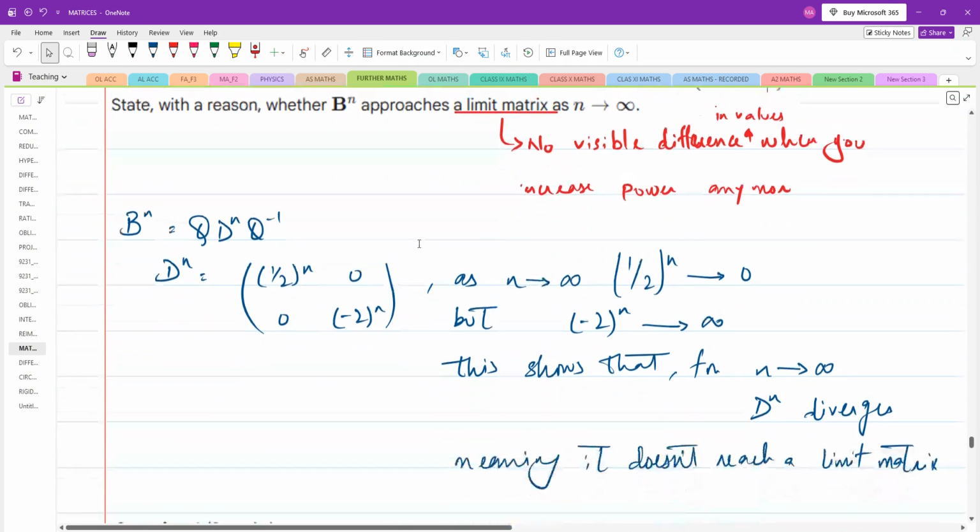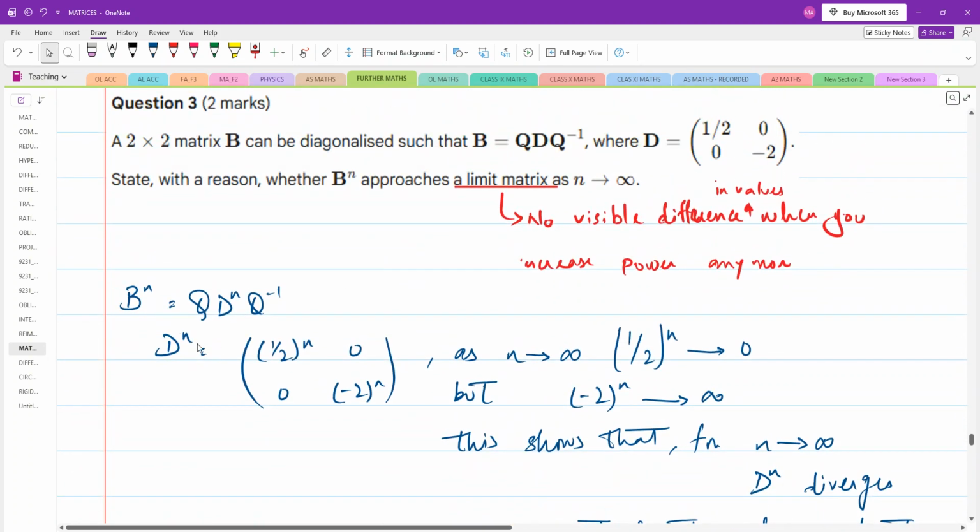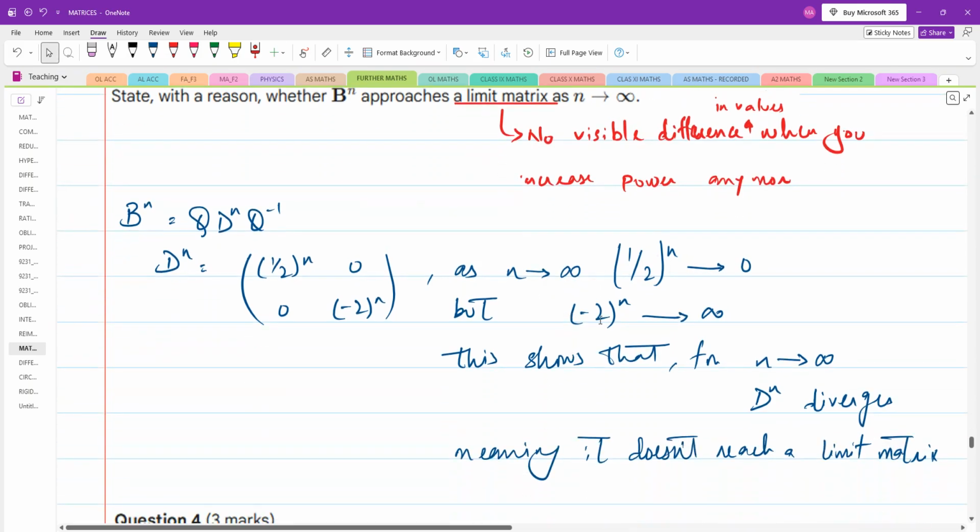What I did is I just put the power n on the matrix. It's basically the same as putting power n on these two numbers. As n reaches infinity, this number becomes 0. However, this number becomes infinity, because any fractional number will become 0 when its power is infinity, while any number that is not fractional will not become 0; it will just become something to the power infinity.